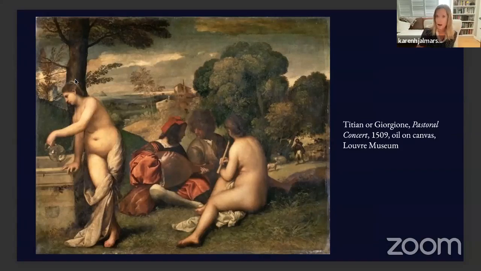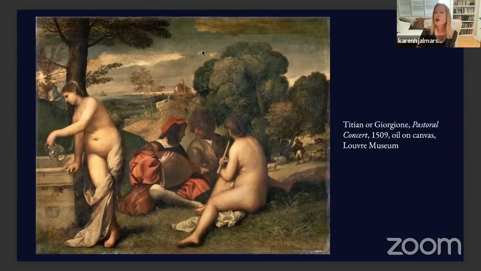It could be, and there's many ideas about this painting, that it represents poetry and music, that the woman pouring the water in the cistern represents poetry, and of course the musician with the flute is music.